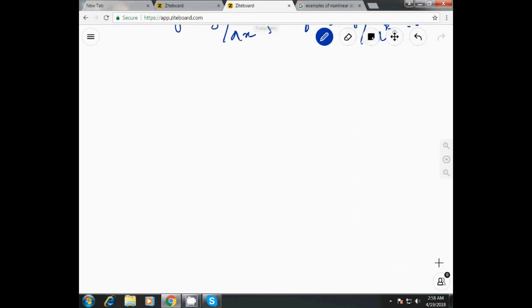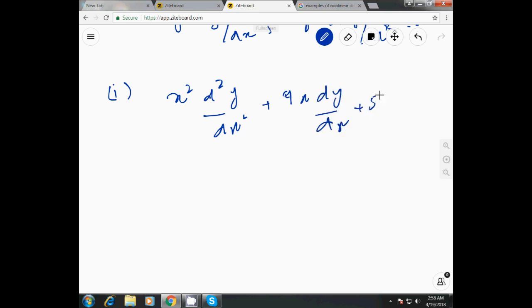So what could be the examples that are linear differential equations? These are x square d square y by dx square plus 9x dy by dx plus 5y is equal to x cube.